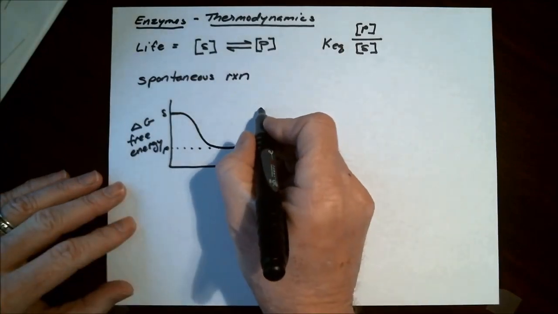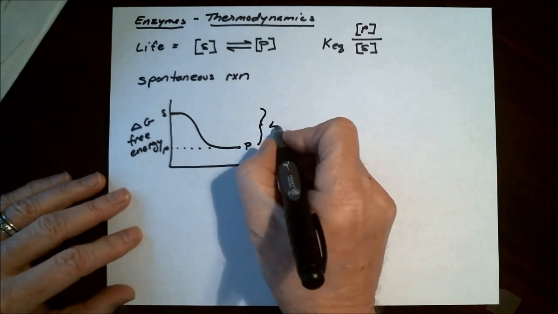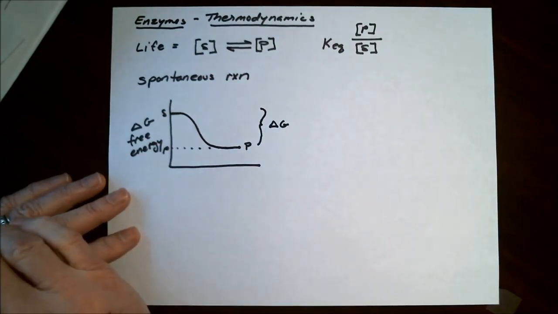So this difference between substrate and product is the free energy change of the reaction.